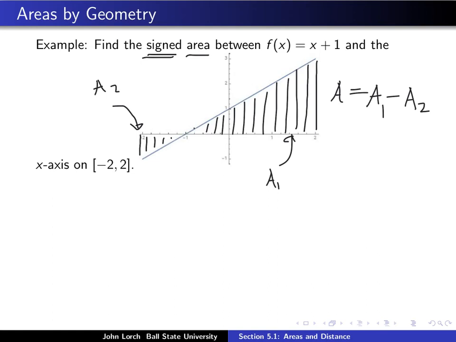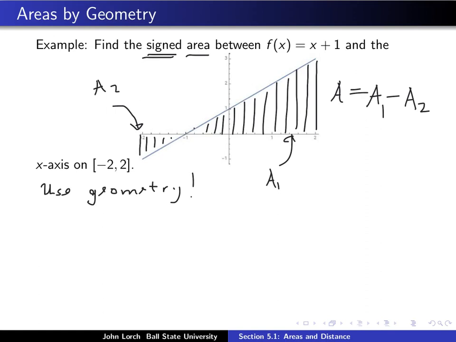But the other thing we could do is just notice that this area can be computed by just finding some areas of triangles, right? So there's no need to overcomplicate our lives when we can just use a little bit of geometry here. So you should do that unless you're instructed to do otherwise, right?